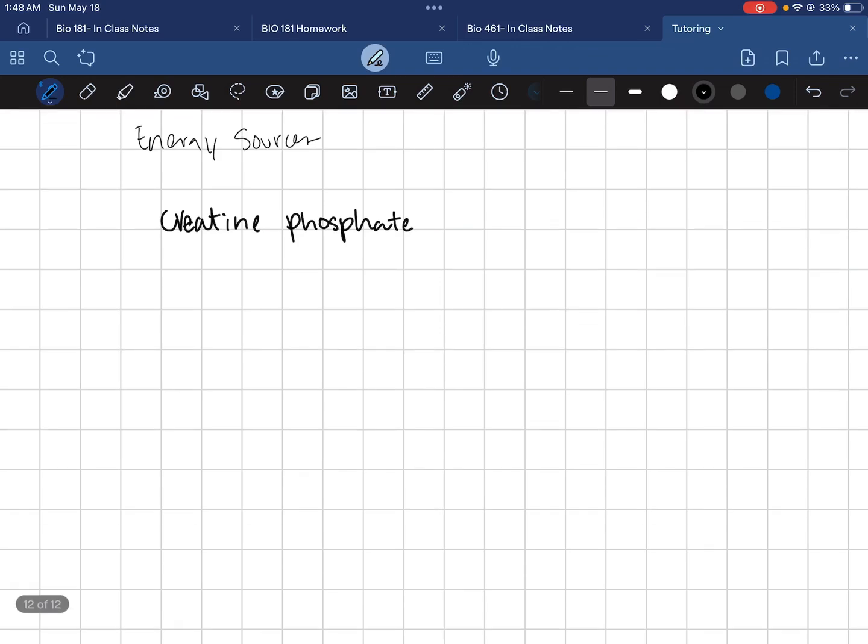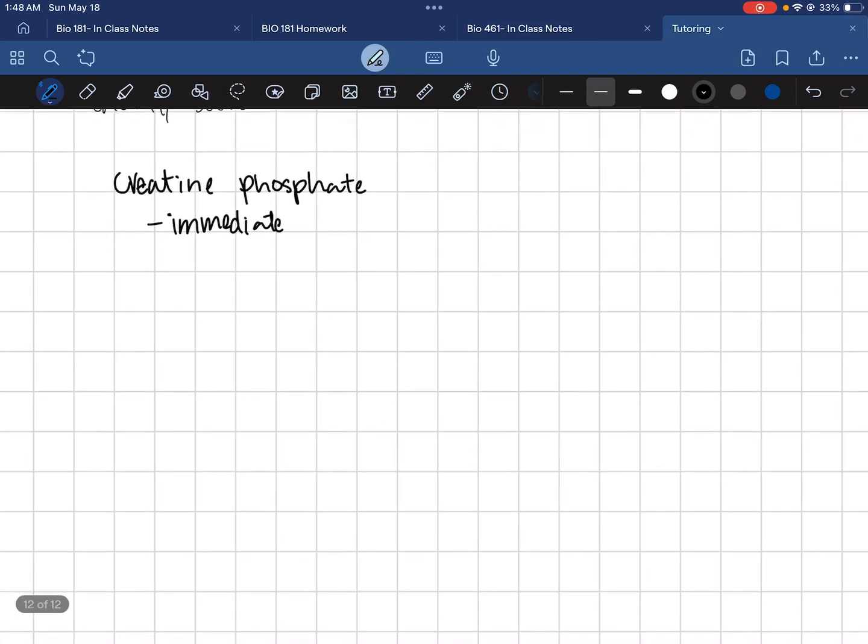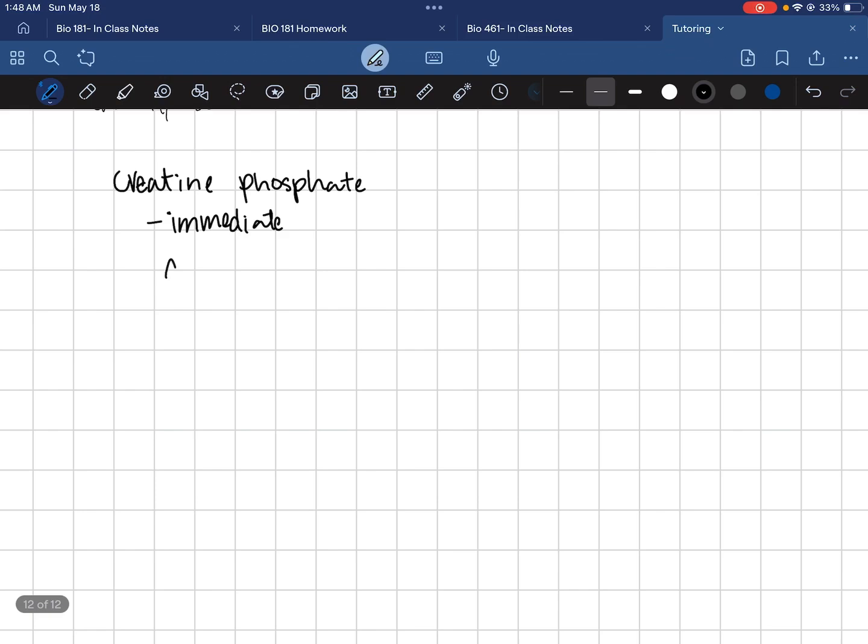So creatine phosphate, we could think of this as being like an immediate source of energy, and then it basically donates a phosphate group to ADP plus inorganic phosphate, which creates an ATP.